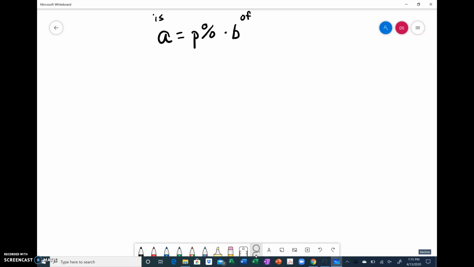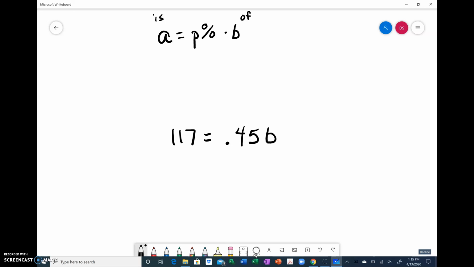Dropping down to example 3, the number 117 is 45%. I'm going to go ahead and change it to a decimal so I know what to type into my calculator. Of what number?